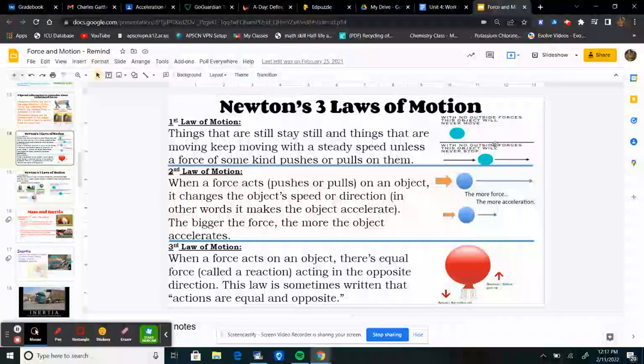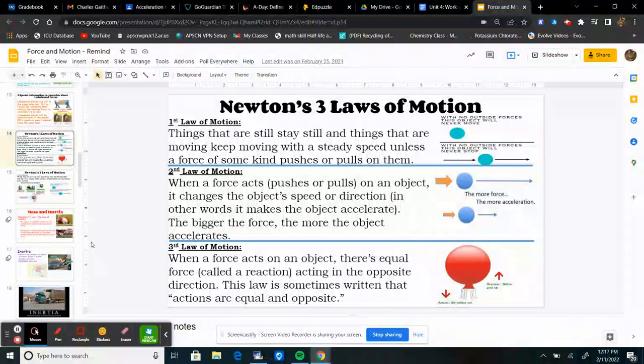That means that when a force acts on an object, there is an equal force, which will be called a reaction, that is acting in the opposite direction. Meaning that if this balloon over here is going in an upward motion, there is an equal and opposite downward motion trying to keep it down.